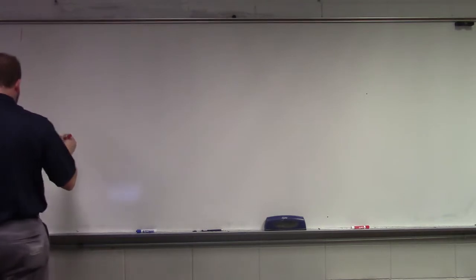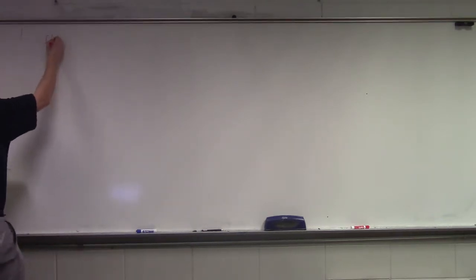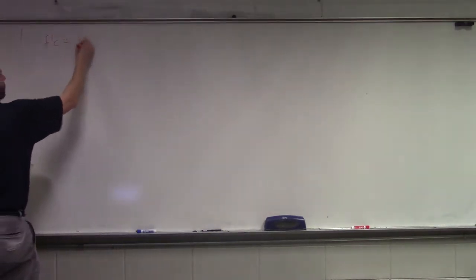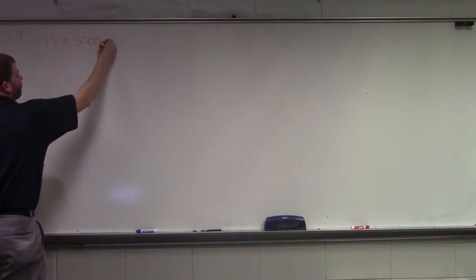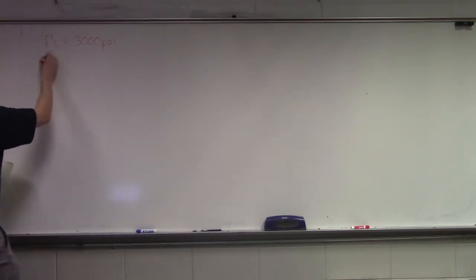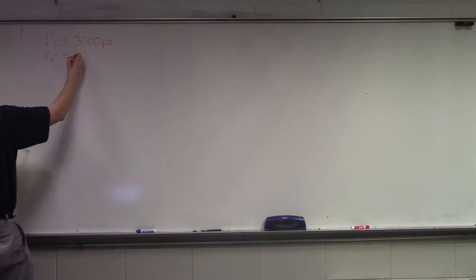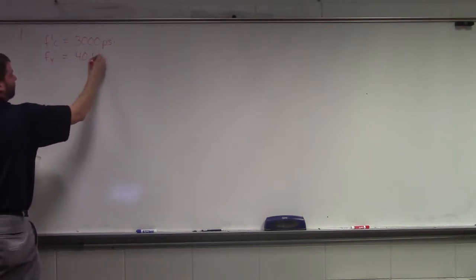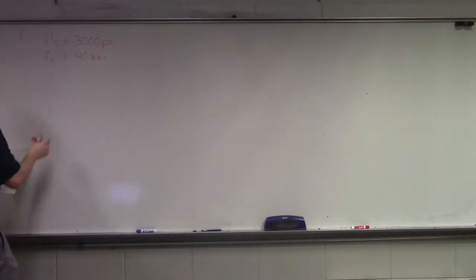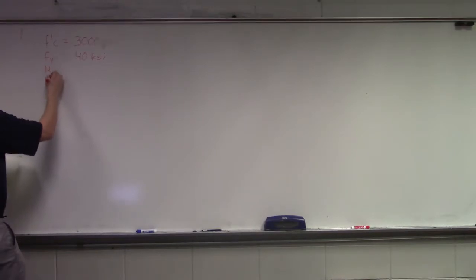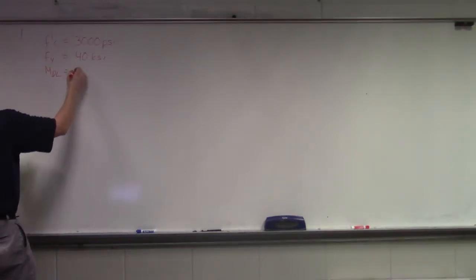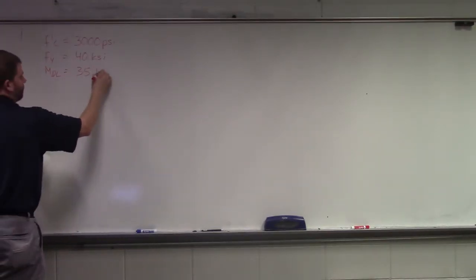Okay, so we have a beam. Our f prime c is 3,000 psi. F sub y is 40 ksi. The moment of our dead load in bending is 35 kip feet.